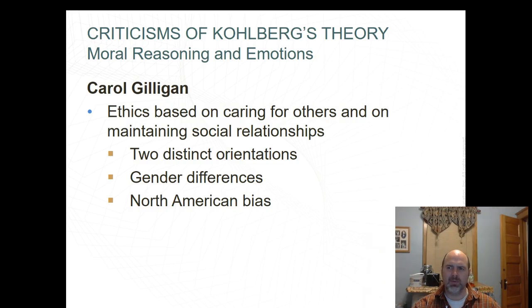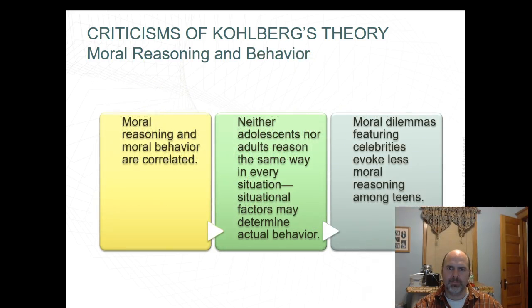Girls' reasoning is based on care orientation, whereas boys rely more on a justice orientation. Recent research into sex differences suggests a North American bias as well. Neither adolescents nor adults reason the same way in every situation. Situational factors also may determine actual behavior.